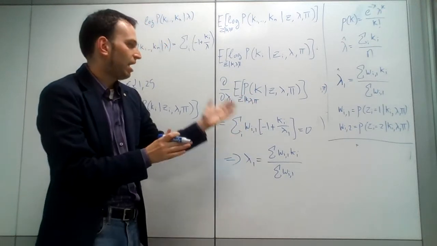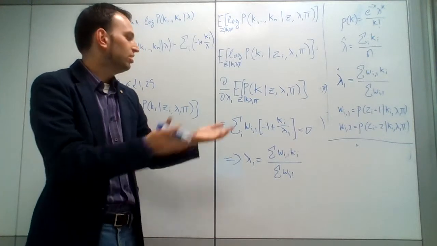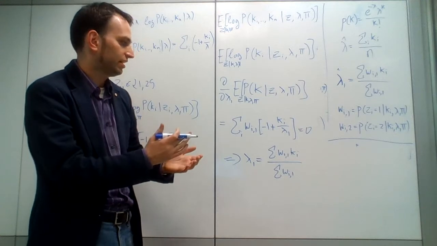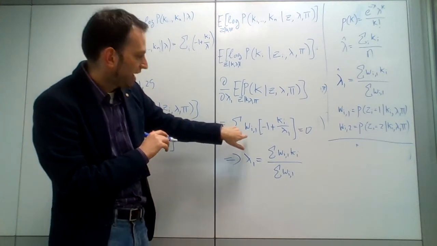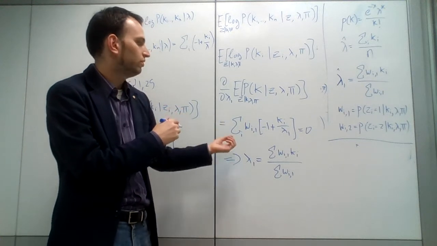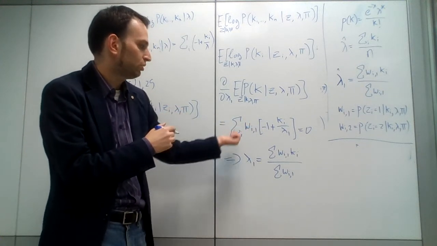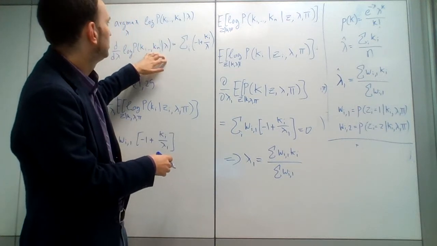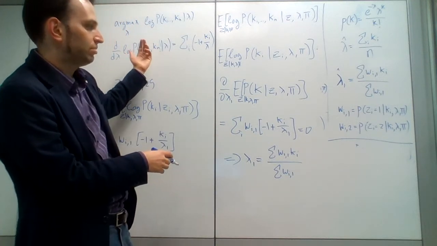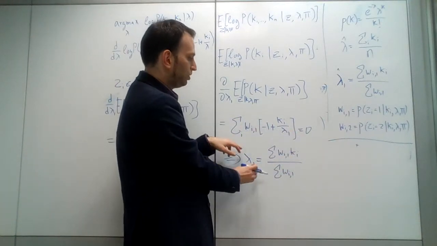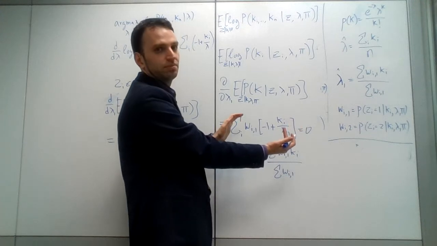This is not going to happen for us for every distribution, but it is going to happen for Poisson and Gaussians and things like that, where we can actually treat those weights as kind of like partial counts for cases. Because what we're doing here, we're saying take the derivative of this with respect to lambda 1 and with respect to lambda 2, and weight the terms using wi1 when you are computing the derivative.